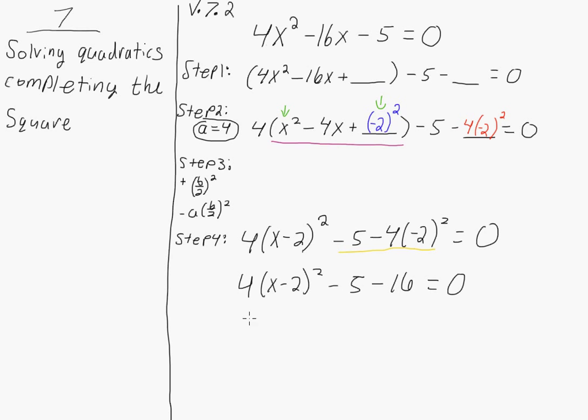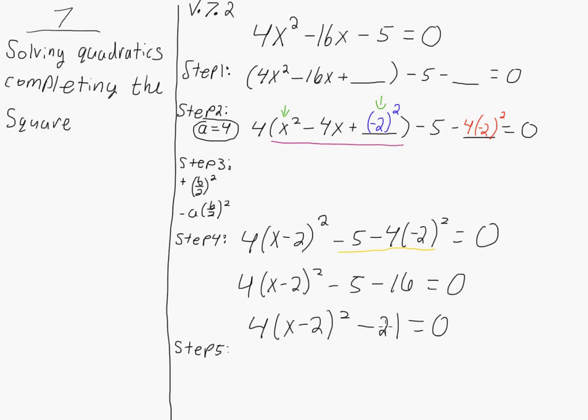Combine your negative 5 and negative 16. I have 4, open parentheses, x minus 2 squared, minus 21 equals 0. And that completes step 4. So now this is a quadratic in HK form. So that takes me to step 5, which is to solve the quadratic.